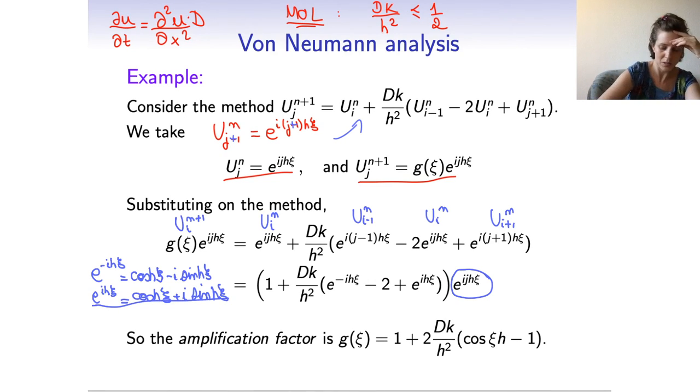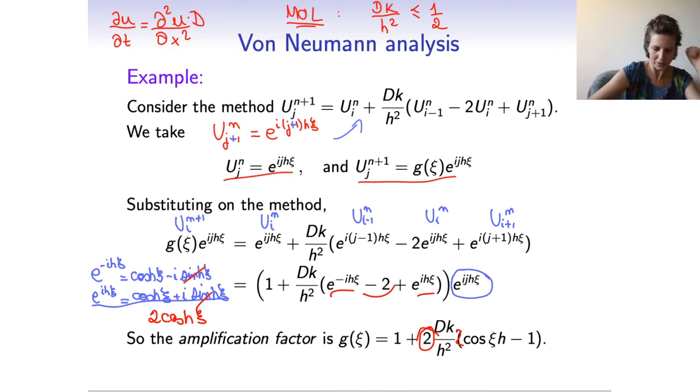And summing these both terms here, this cancels with this, and then we get 2 cosine of h psi. So this 2 is here, multiplying the cosine, and then this 2 also comes here.